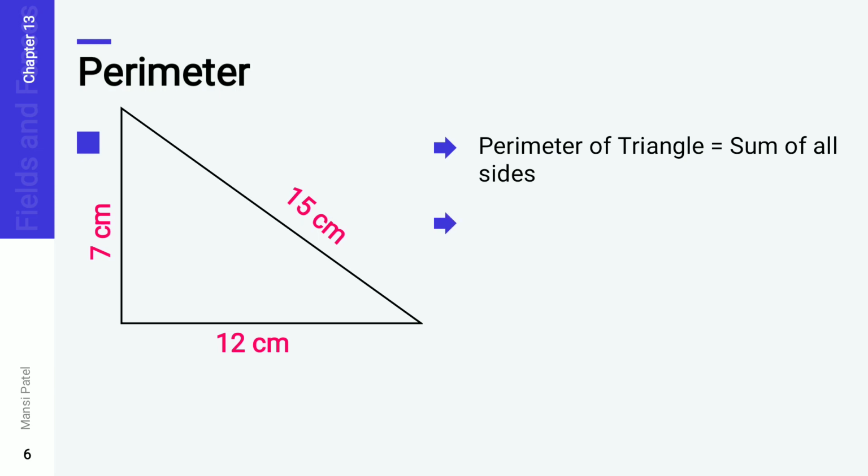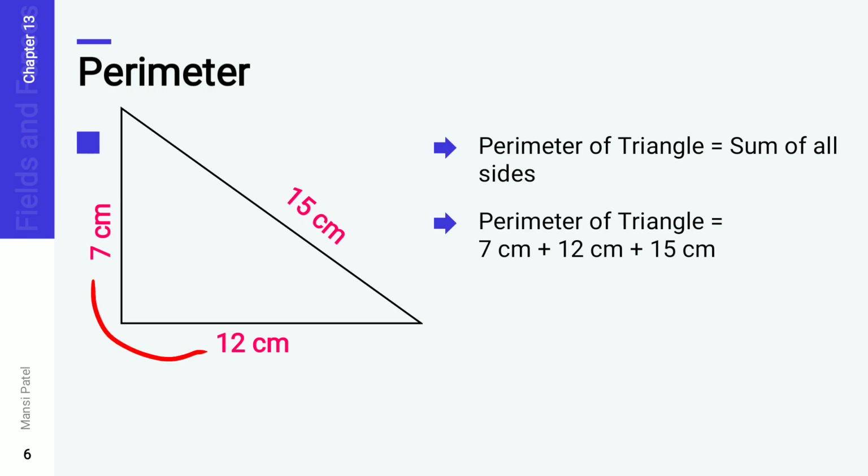Now, if we are starting from the 7 centimeter and we move anti-clockwise, then first you write down 7 centimeter plus 12 centimeter and then plus 15 centimeter. Now do the addition. 7 plus 12, it's 19, and 19 plus 15.